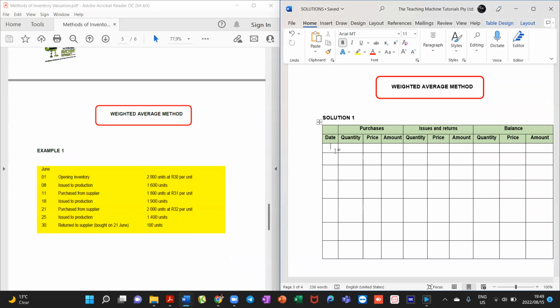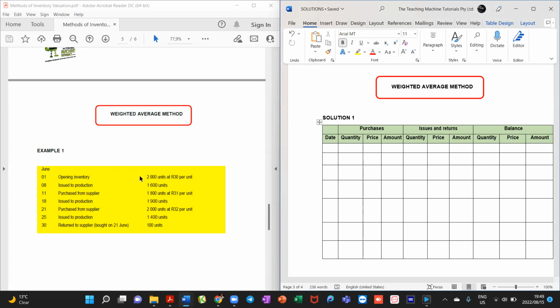Instead, you're gonna use an average price. Say for example, you buy 2,000 units on the first, you buy 1.8 units on the 11th, and then you buy 2,000 units on the 21st of June.